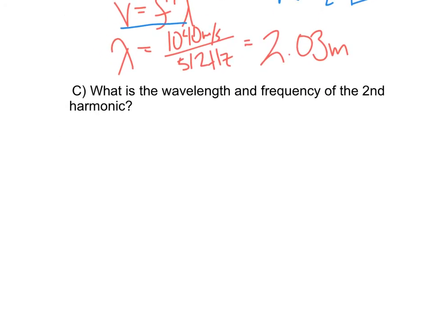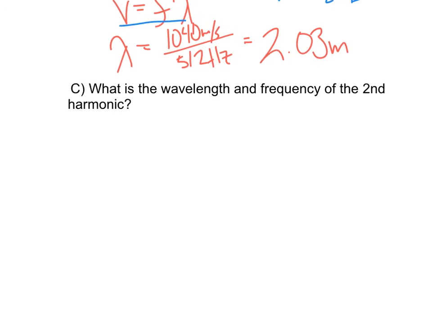Well, if I want to draw the second harmonic, let's think about what that would look like. I know I have a string, and if I have a standing wave on a string, I'm going to have a node at each end. I need to compress this wave a little bit, make it a shorter wavelength, a higher frequency that also generates a standing wave. When I have a wave on a string, I need to have a node at each end.